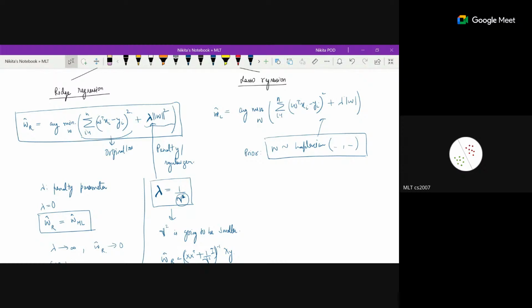So we are able to say for sure that for whichever predictor W comes out to be 0, those features are redundant and not important for us. So we get a much simpler model, working only with the more important features. That is one benefit we get from lasso regression.